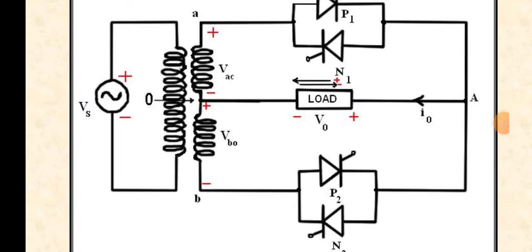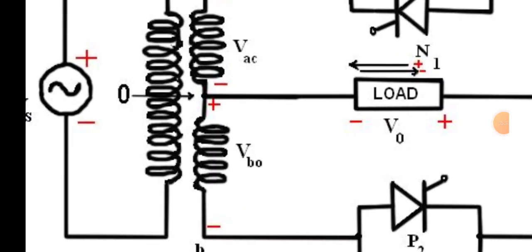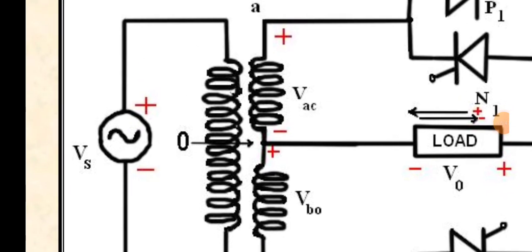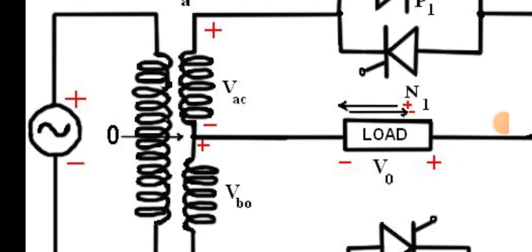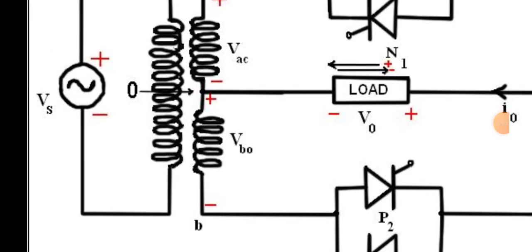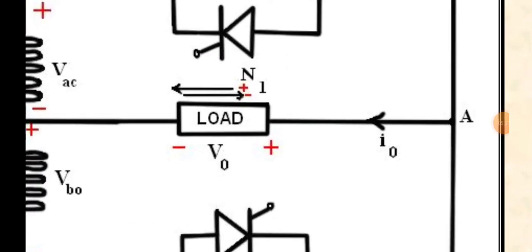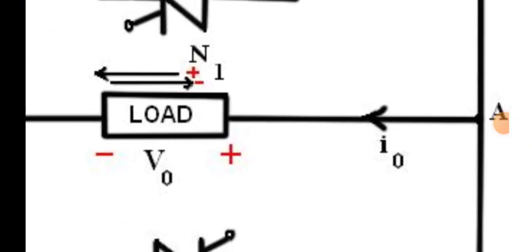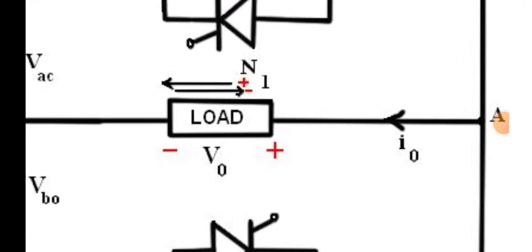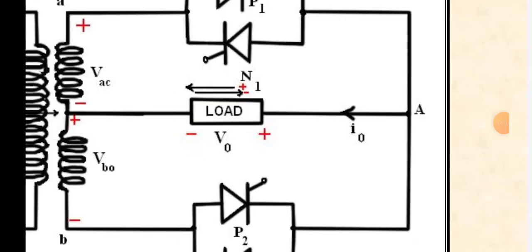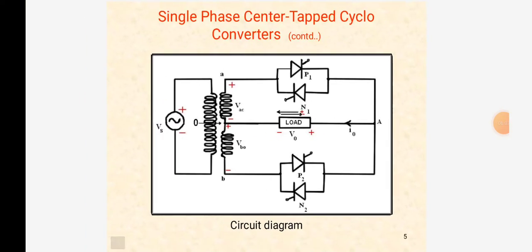It has the center tap, the supply voltage Vs, the midpoint O, the small a and small b terminals, and also the capital A, and the load current will flow through the load here.